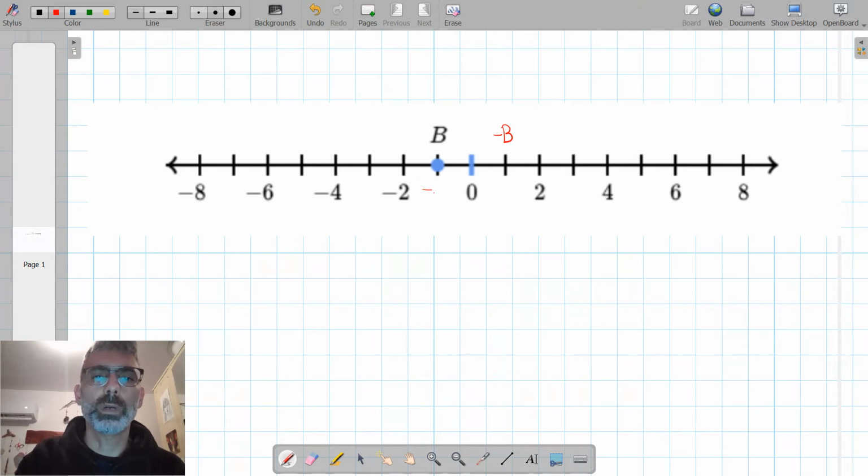This is negative 1, and this is positive 1. But because B is without any negative sign, the opposite of B is here. It's to the right of the 0.